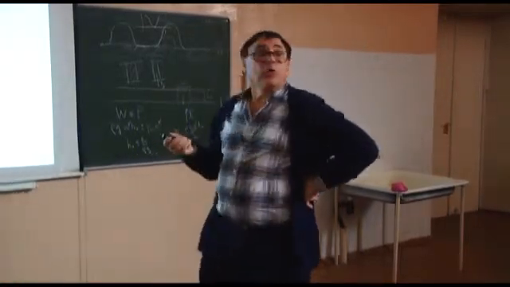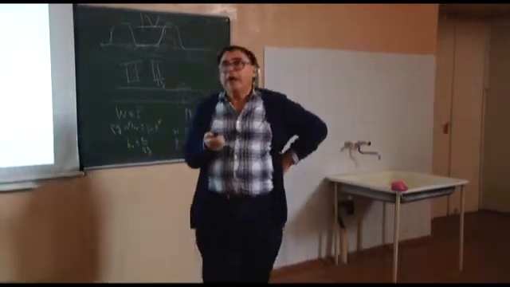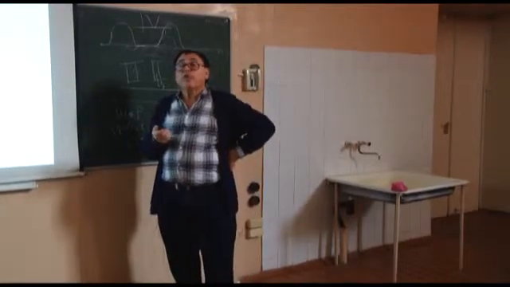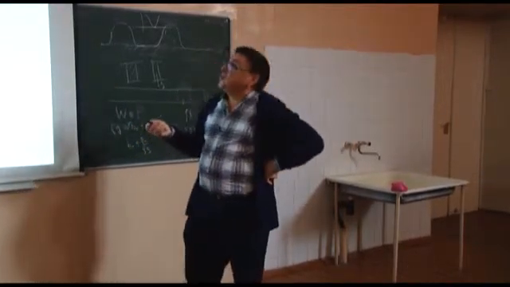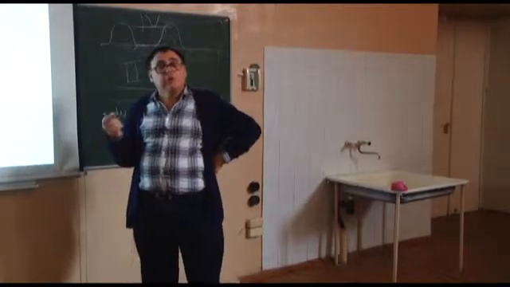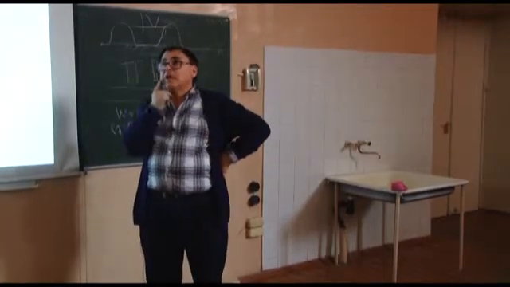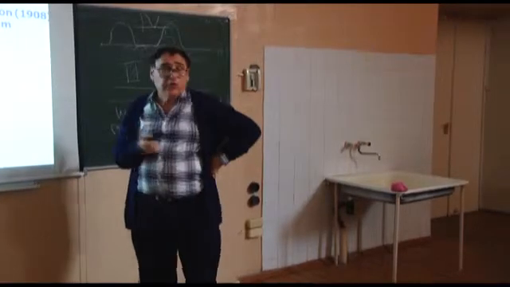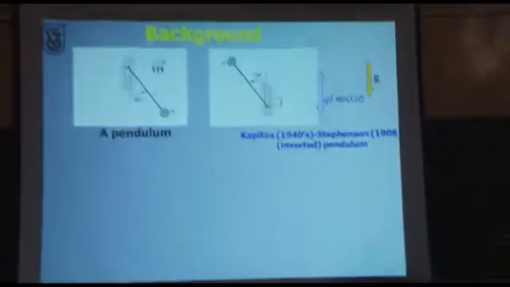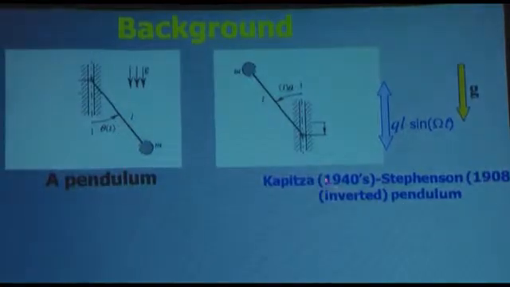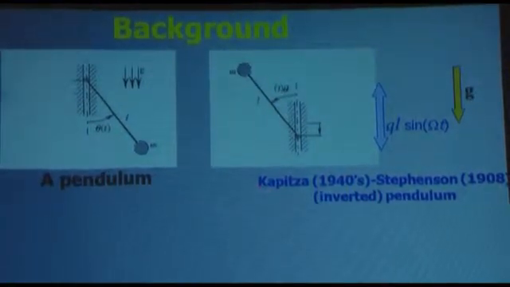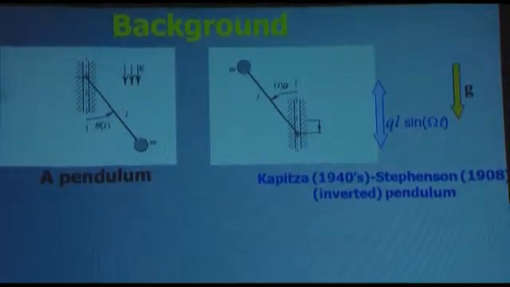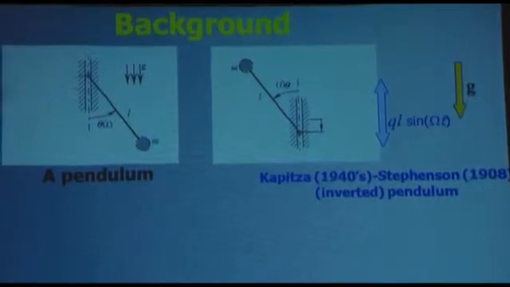Okay. Now, what happens if we apply some sort of forcing to the upward directed pendulum? And this brings us to this famous example, which is called the inverted pendulum, or sometimes it's called the Kapitsa pendulum, but it's not really.